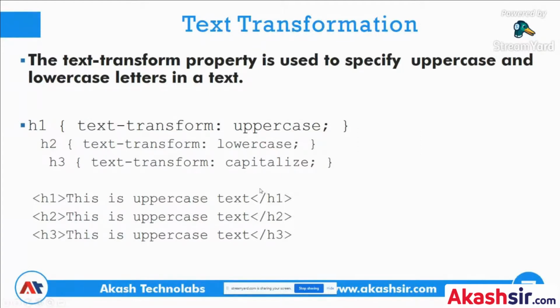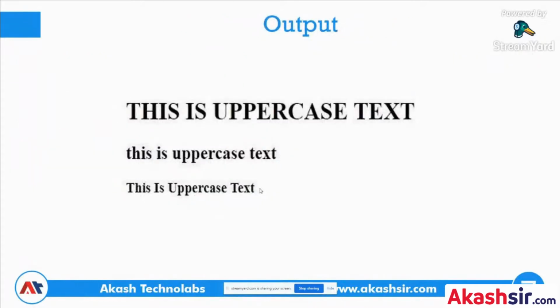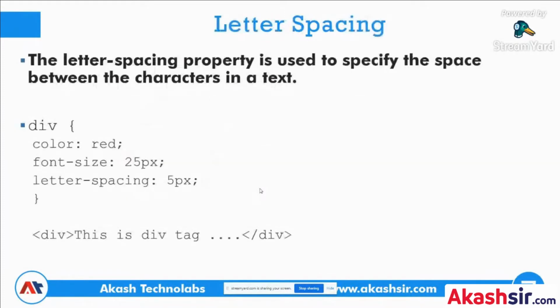Normally, if we don't have this kind of property, then you know very well we have to rewrite this statement again and make it uppercase, right? But because of this property, we can simply change the text transform, right? So for example, you can see this is uppercase, this is lowercase, and this is capitalize actually.